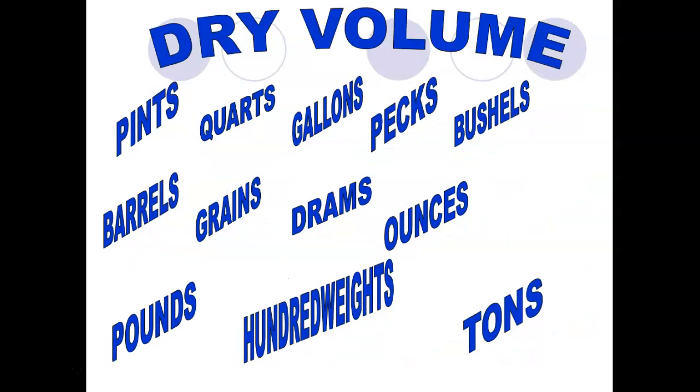Then you have dry ones. Hundredweights, tons, pounds. Again, you come back to drams and grains, barrels, bushels. What is a bushel? And then you get to Peter Piper picked a peck of pickled peppers. What's a peck?